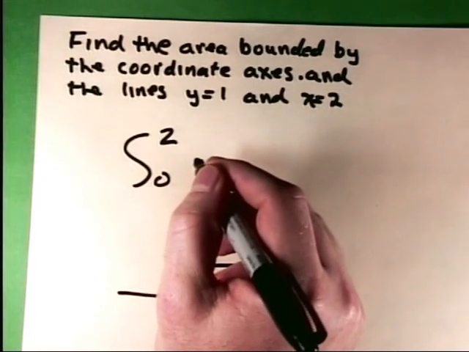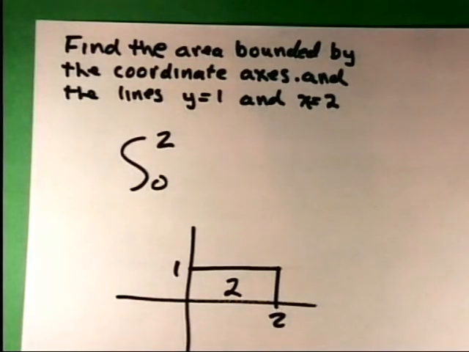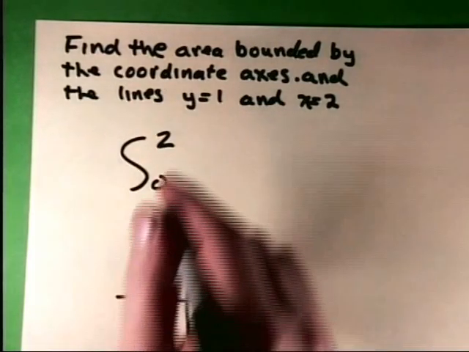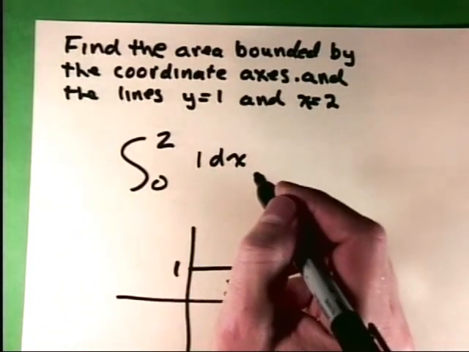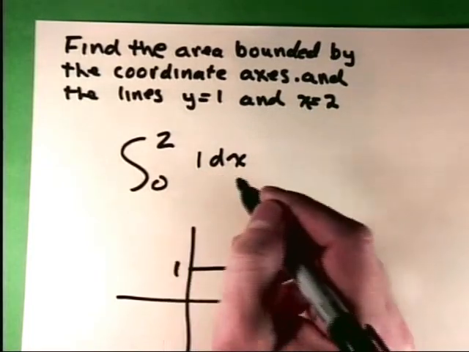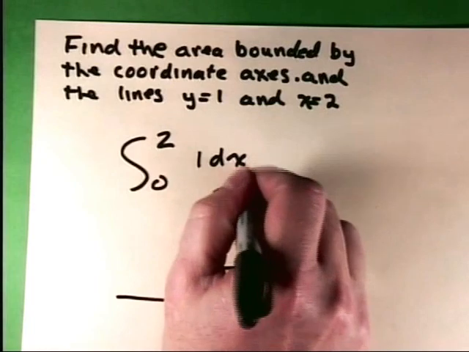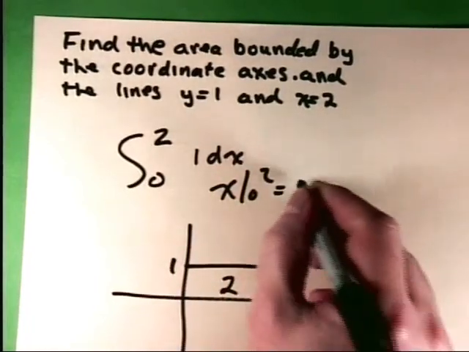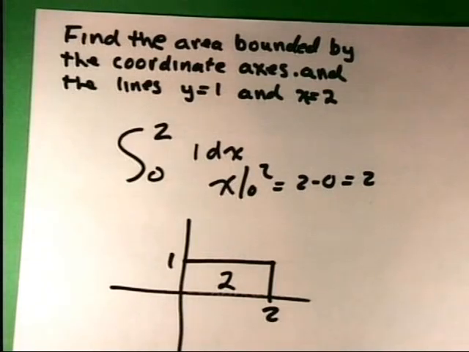The top curve would be y equals 1, right? And so what would you do from here? What's the integral of 1? That'd be x, from 0 to 2, which is equal to 2 minus 0, which is equal to 2, right? All right, good job.